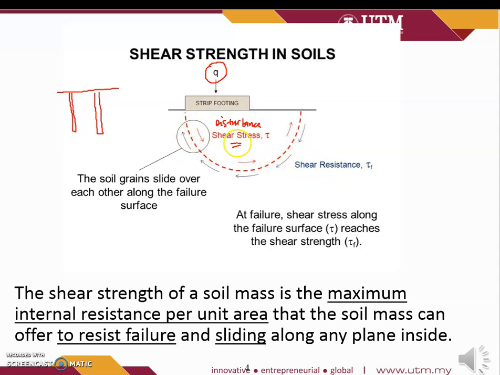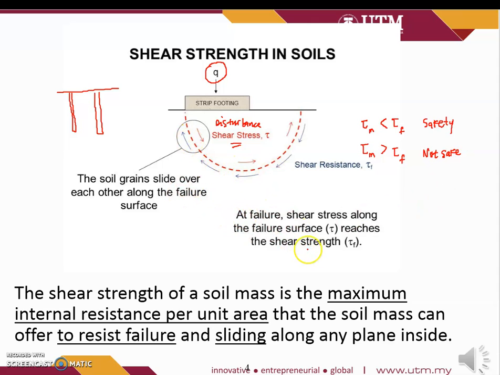So shear resistance and shear stress will produce stability if the disturbance, or mobilized, is still low compared to the resisting force, the shear resistance until failure. So it is safe. But once the mobilized tau, or disturbance, is much bigger than the tau resisting until failure, it is not safe anymore.